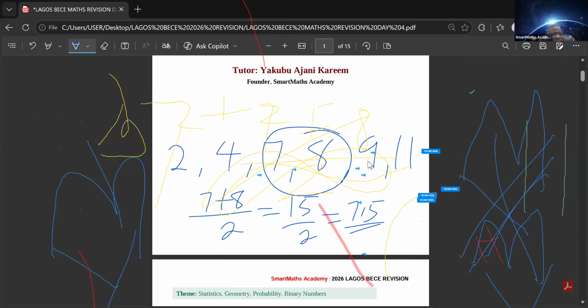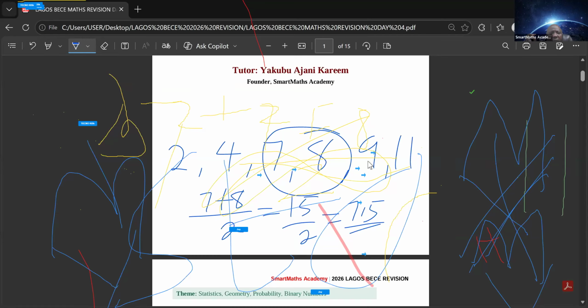First, they are testing your understanding of perfect squares, which we also call square numbers. What are perfect squares? Perfect squares are numbers whose square root is a whole number. That is, it is a product of a number multiplied by itself.